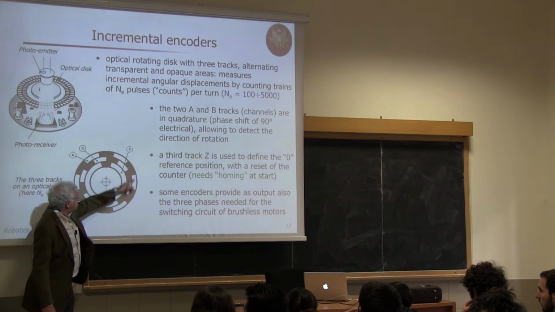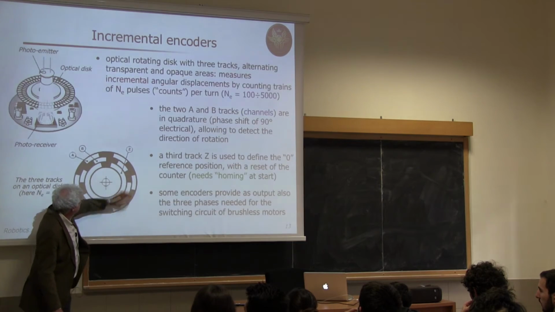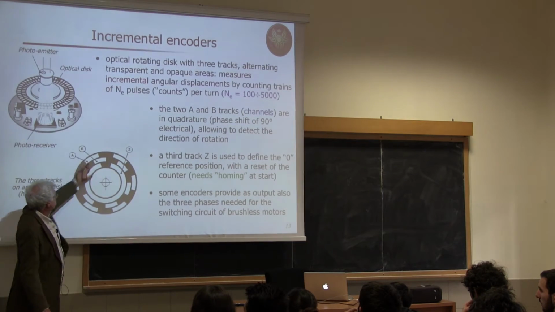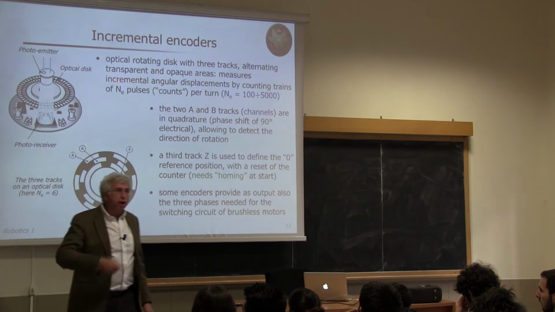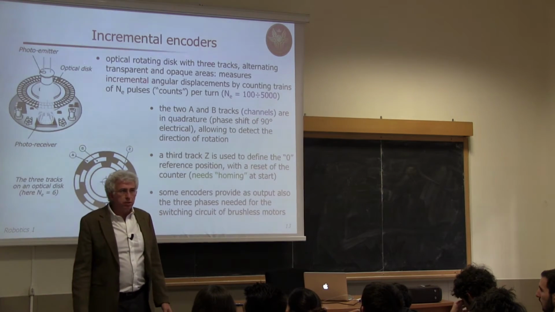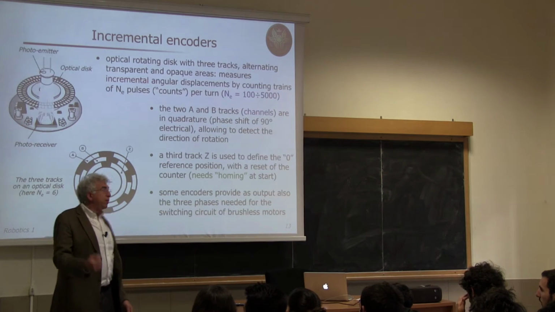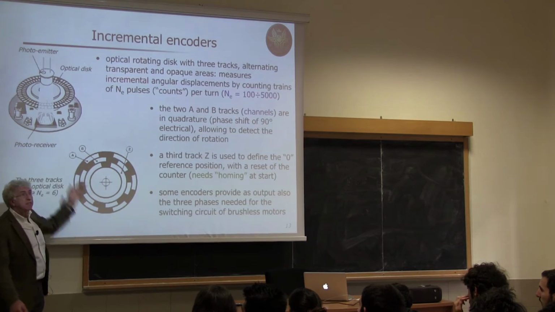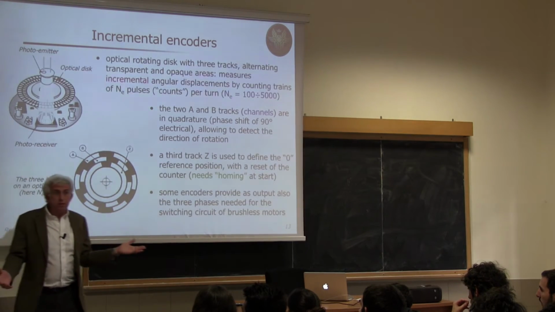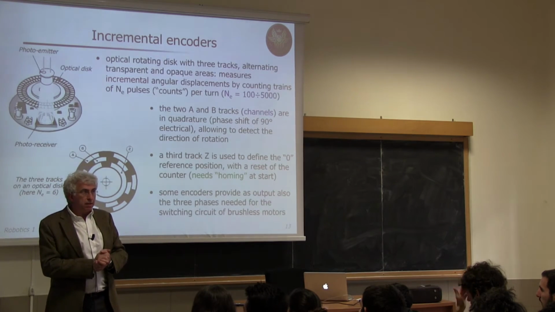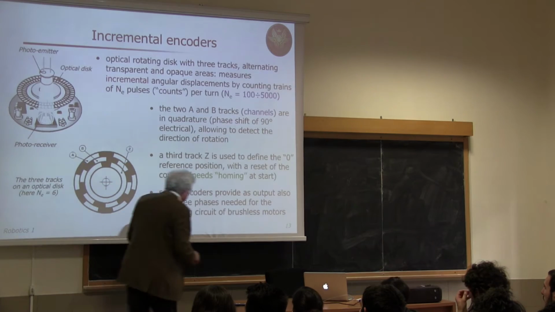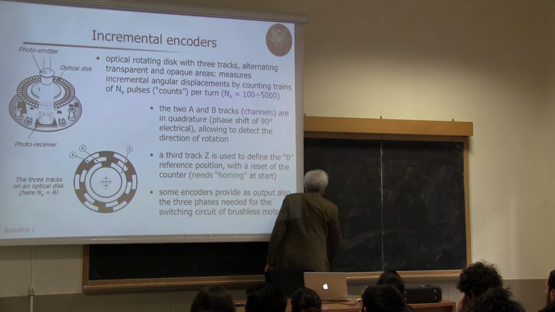Now, if you count the number of white sectors, 1, 2, 3, 4, 5, and 6, while the disk makes one full round, you will feel on the photoreceiver 6 impulses. So it's a square wave signal, more or less square.